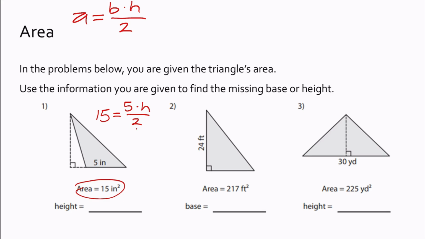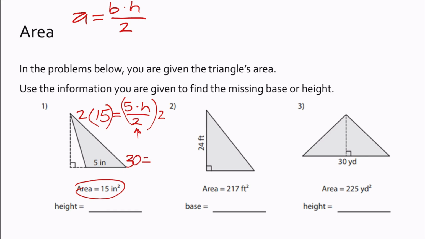So now I see on this side, it's being divided by 2. And to get rid of that, or to cancel that out, I'm gonna multiply this whole side by 2. And if I do it on one side, I have to do it on the other side. So 2 times 15 is 30.